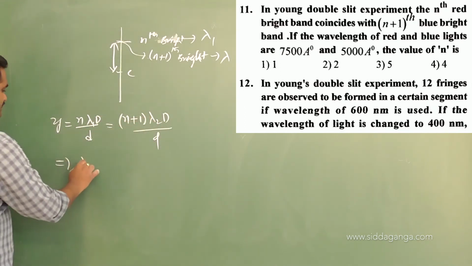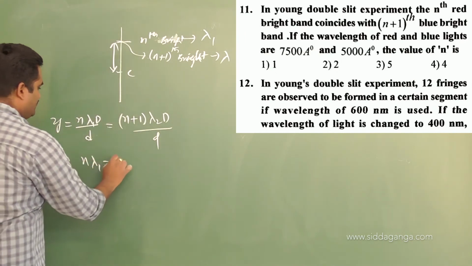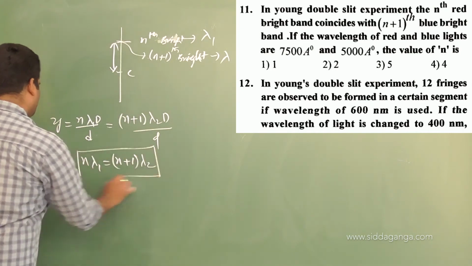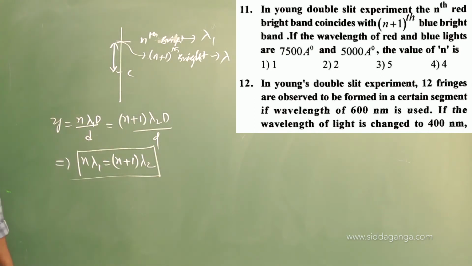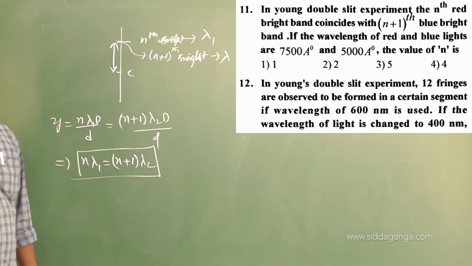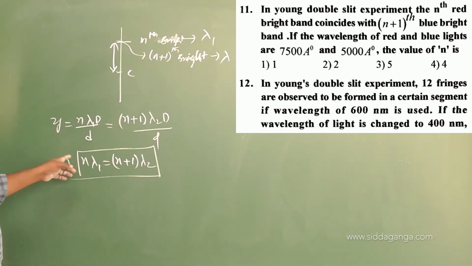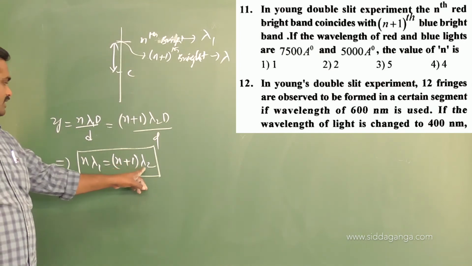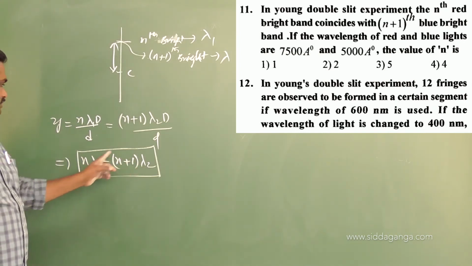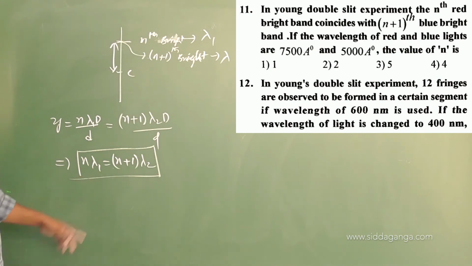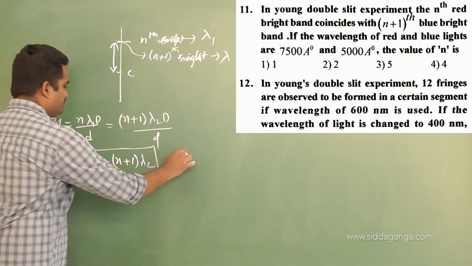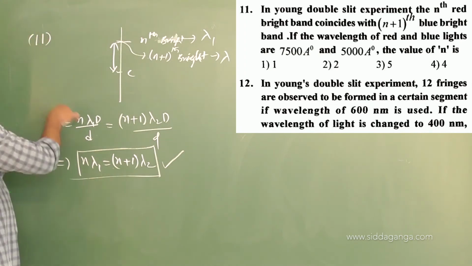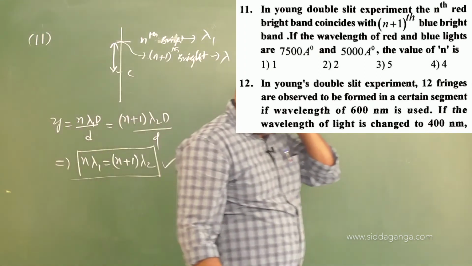From this I can write n lambda 1 equals n plus 1 lambda 2. Use this relation to solve for n. They have given the lambda 1 value for red as 7500, and blue is 5000, that is lambda 2. Substitute both lambda 1 and lambda 2 and solve for the value of n. This is the formula you have to remember. So this is problem number 11. Substitute and get the answer.